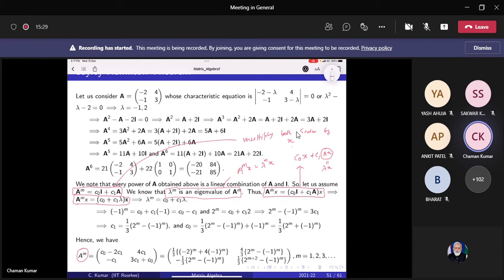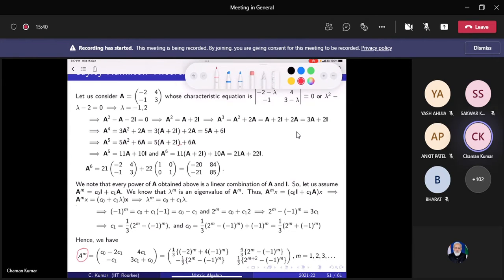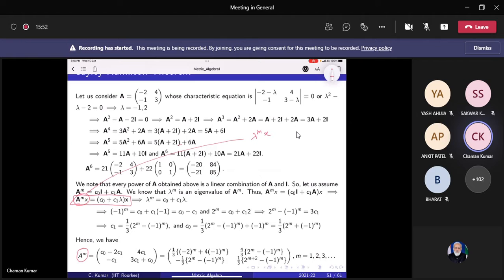Okay, so we have reached up to this point. Now the left hand side is A^m x, because if lambda is an eigenvalue of A, then lambda^m is an eigenvalue of A^m, which means A^m x is equal to lambda^m x. So A^m x can be replaced by lambda^m x.